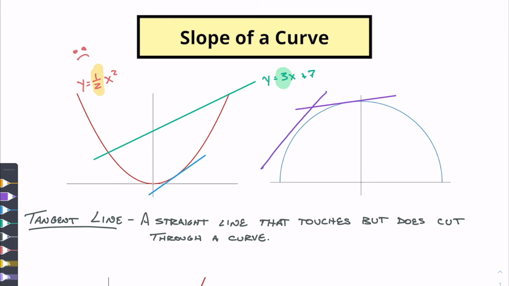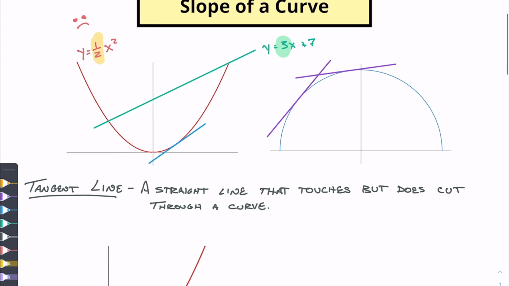So these two slopes are very different things. But we need to use this idea of a tangent line in order to find that slope.